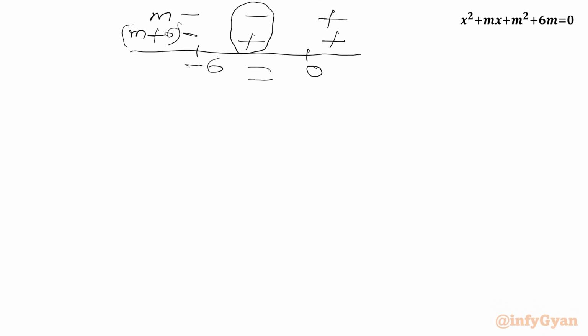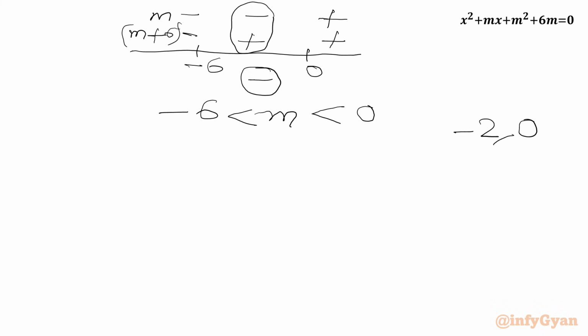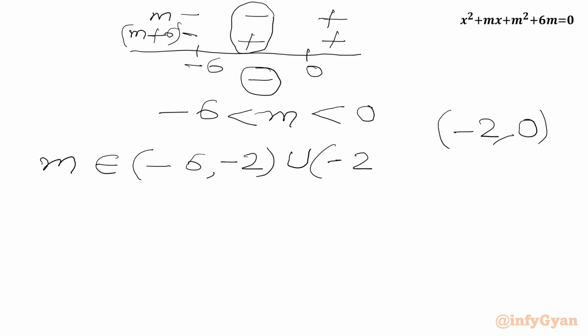Here we are getting negative, so our set of m values: m should be greater than -6 and less than 0. But -2 and 0 are excluded points. So we write m belongs to -6 to -2 union -2 to 0. This is our answer so far.